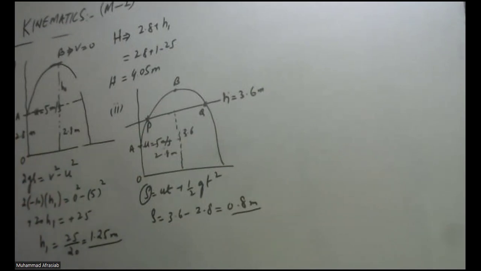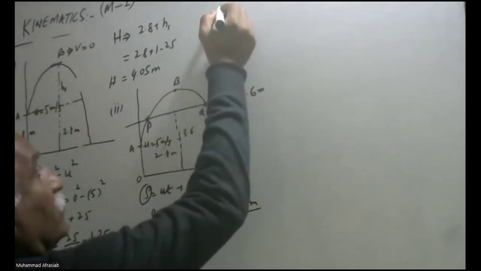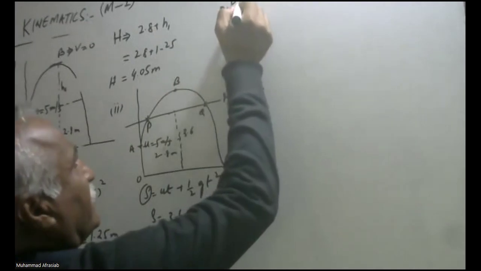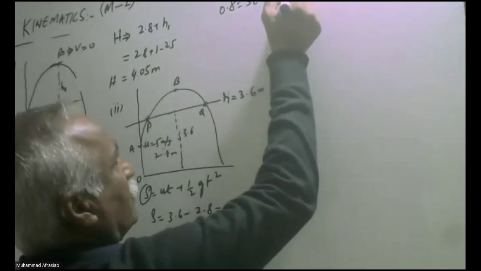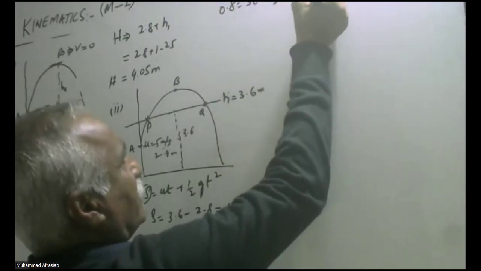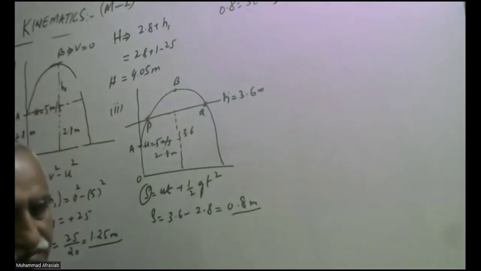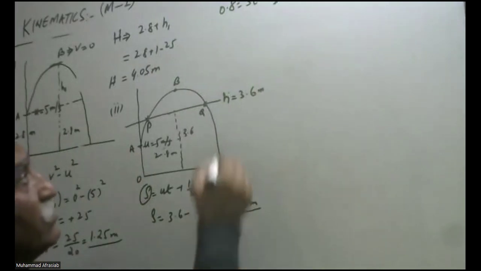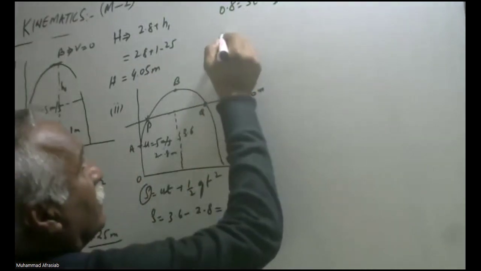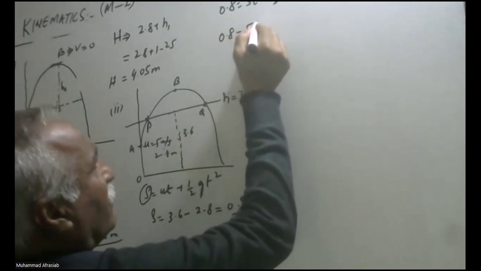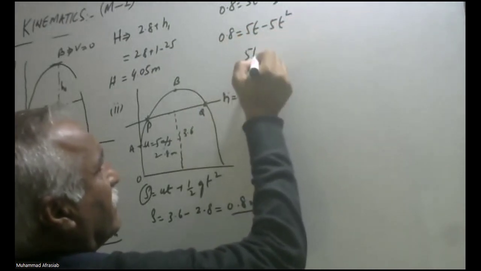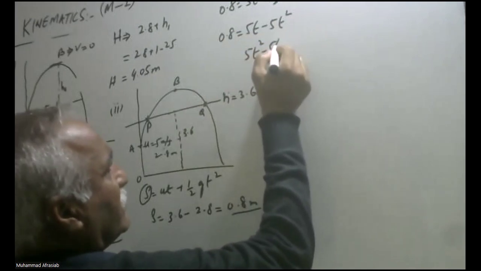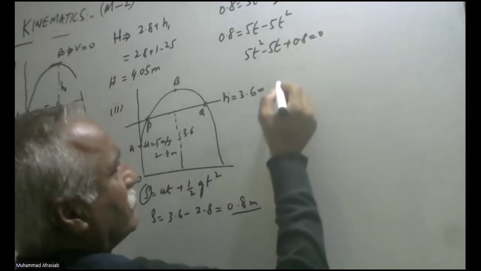So we can find the times now: s equals 0.8 equals 5t plus half into minus 10 into t squared. So this will become 0.8 equals 5t minus 5t squared. Or this will become 5t squared minus 5t plus 0.8 equals 0.